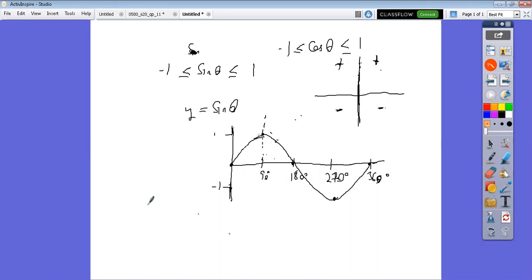For example, if I say sine 20 degrees, 20 degrees is in the first quadrant.